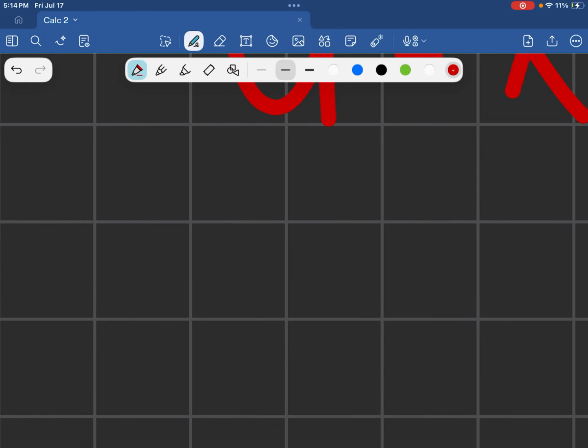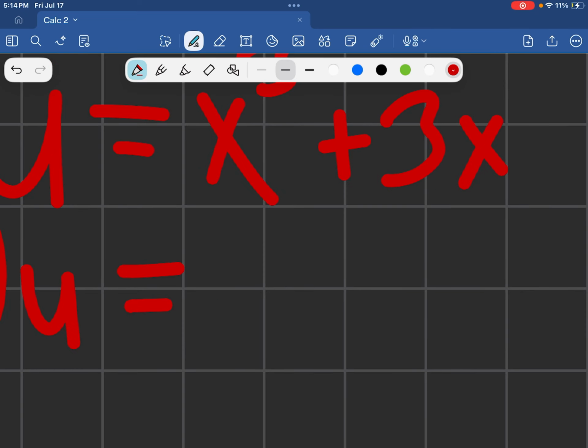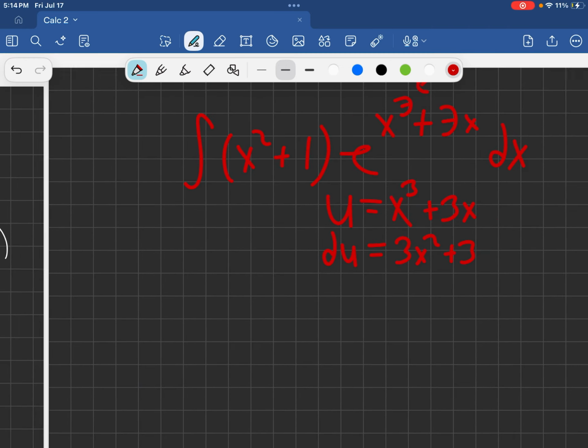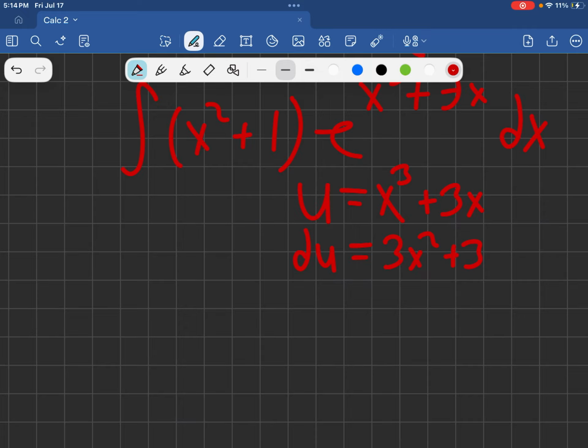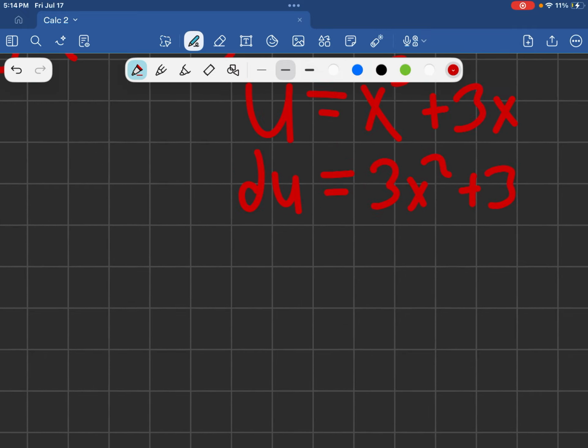And take the derivative with respect to x, of course. It's going to be 3x squared plus 3. So now we can substitute this all in and put everything in terms of u.